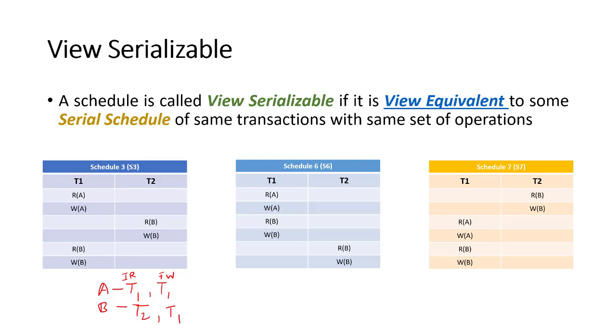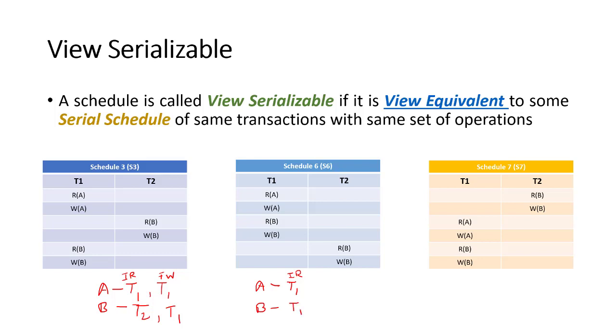Now, in case of schedule 6, for data item A and data item B, which one is reading the initial value of A? Obviously, T1 is reading the initial value of A. Initial read is done by T1. For data item B, here we can see that T1 is reading the initial value of B, right?